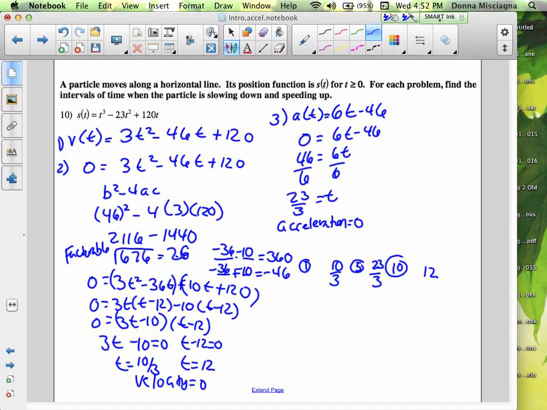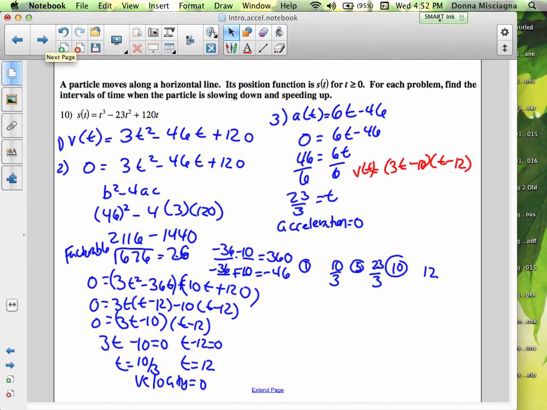So at 1, and I'm going to write the equations right over here so we can see them. I'll write them in factored form. So we have 3t minus 10, because all we care about is is it positive or is it negative. We don't really care about what the value is at this point, because we're just looking at speeding up and slowing down. So there's v of t, and then a of t is 6t minus 46.